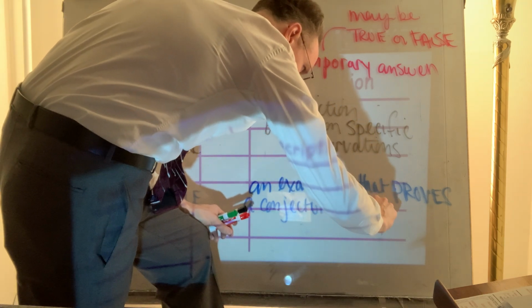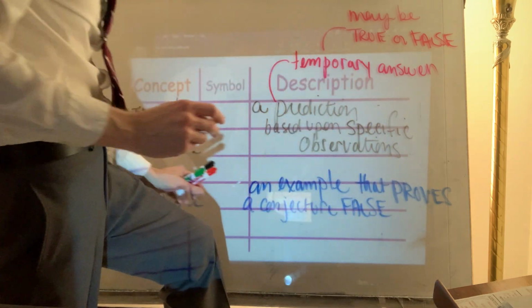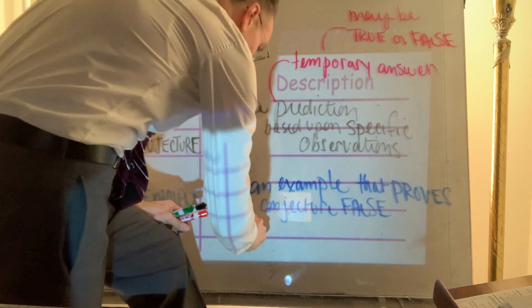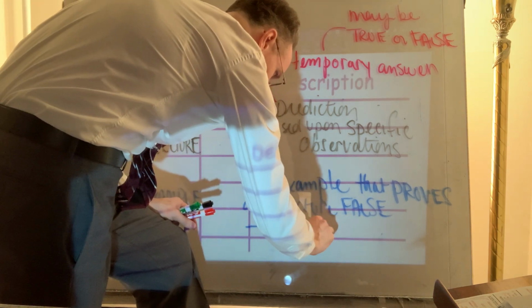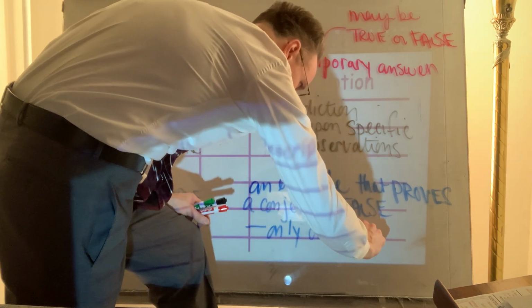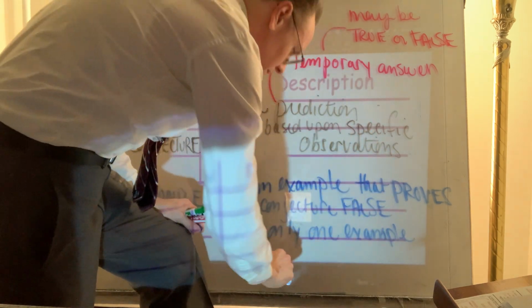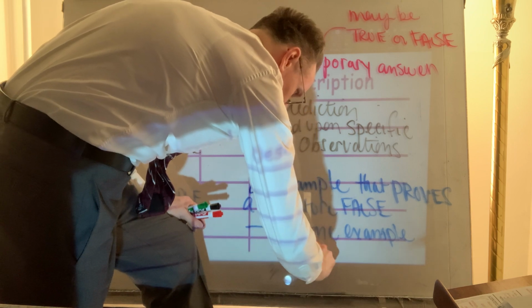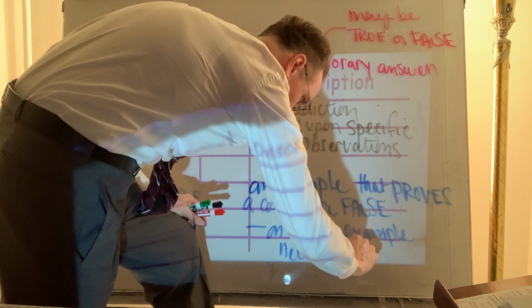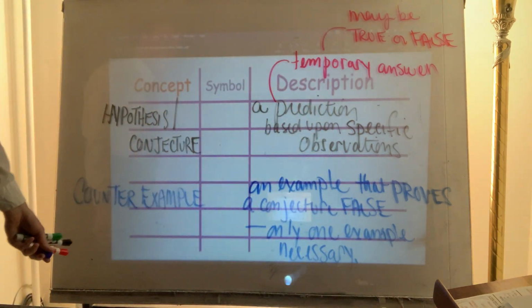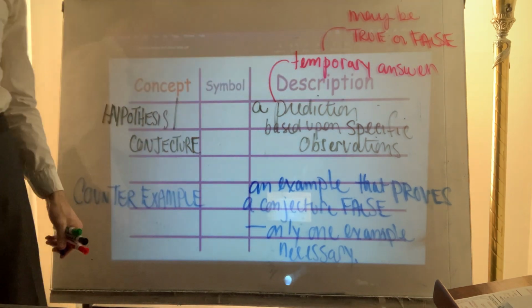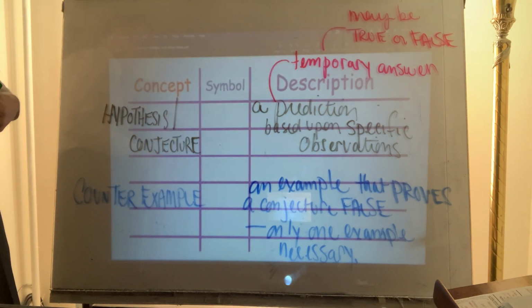You only need one example to do so. Only one is necessary, okay? To prove a conjecture false, you need one example that overturns the prediction.